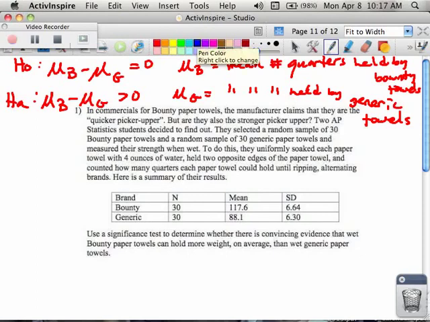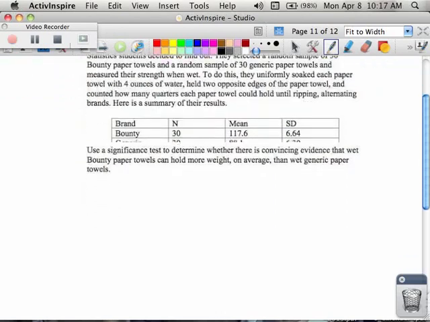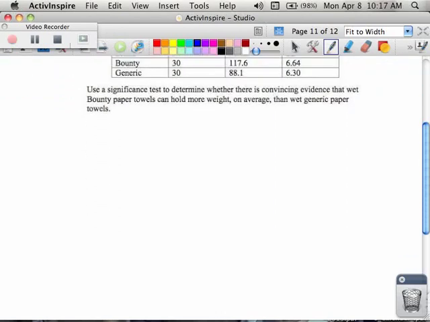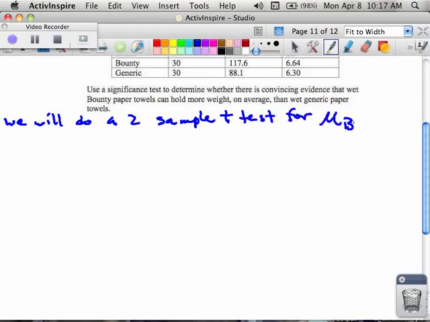And so we say that we are going to use, can I scroll down, is that all right? So we will do a two-sample t-test for mu of Bounty minus mu generic. And we've already defined those, so we're good to go.